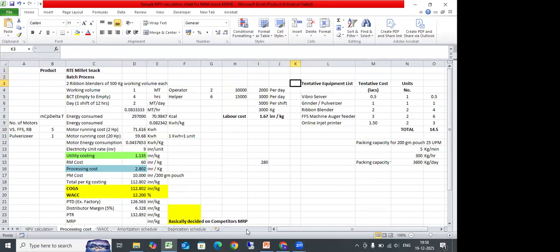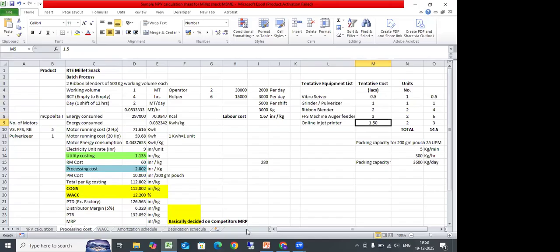Now what I do, I go to my capex. I just want to explain how I have decided capex. I have taken a vibro sifter at a tentative cost of 50,000, pulverizer 1 lakh, ribbon blender 2 lakhs, an FFS machine, an auger filler, because for powders you require an auger; a vibro might not work for fine powders.